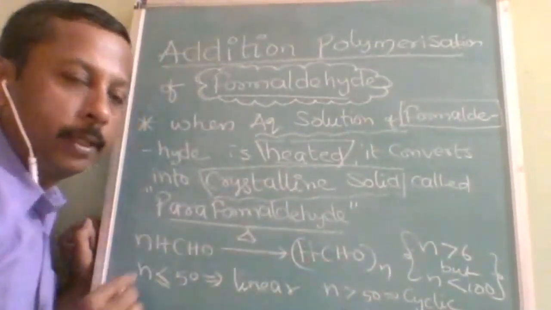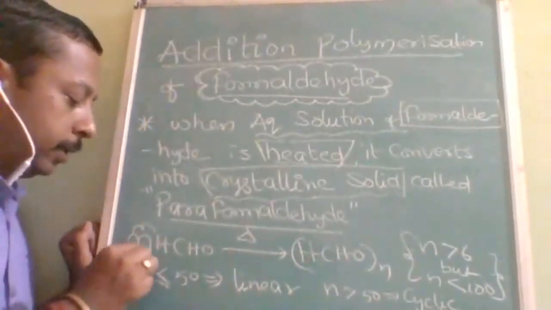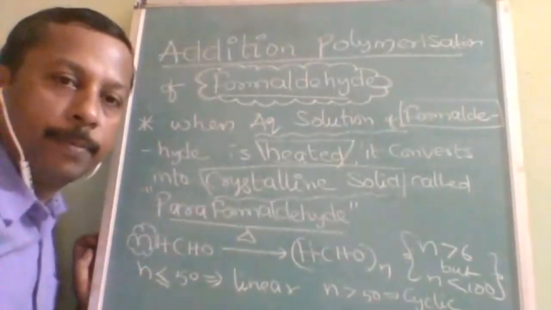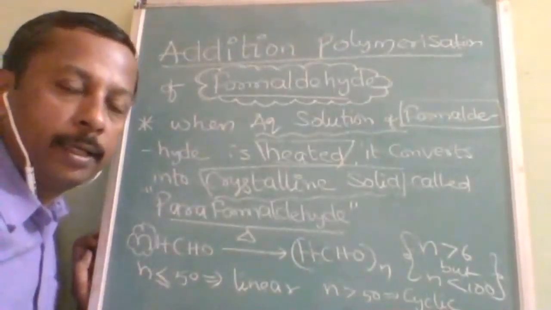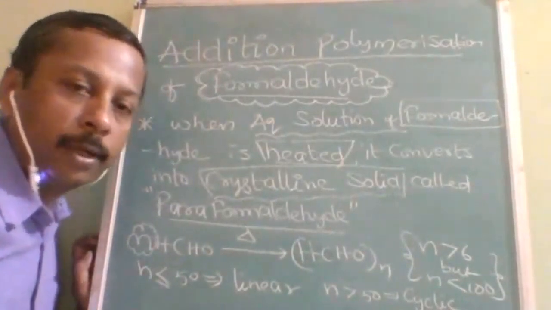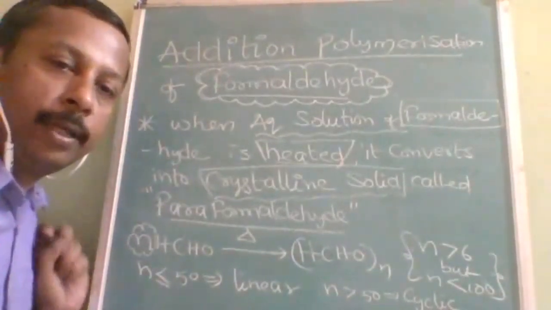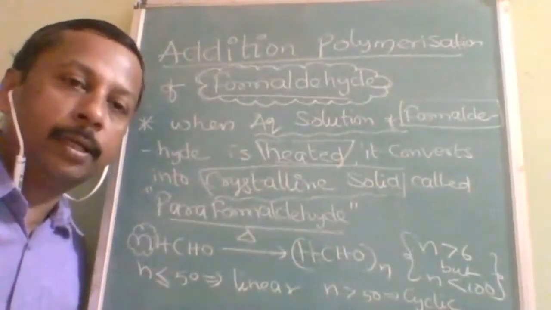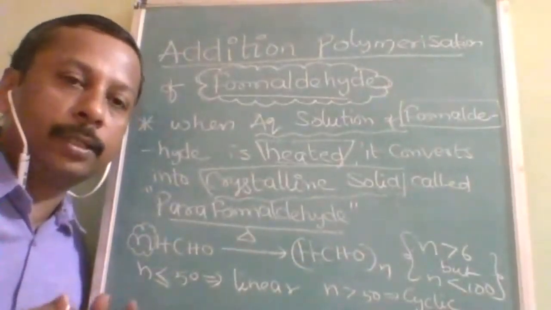But this type of reaction can take place only when this n value is greater than 6. The n value should be greater than 6, and this cannot take place beyond 100. This polymerization is possible only between 6 and 100. Above 6 but below 100. Even in between that, there is a condition.